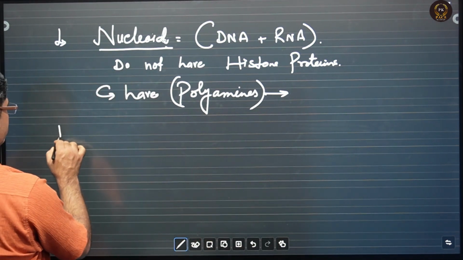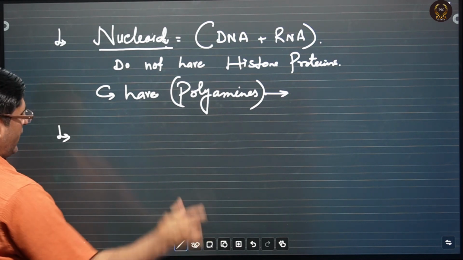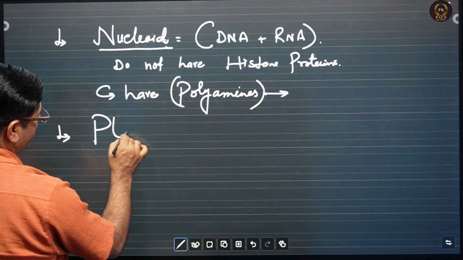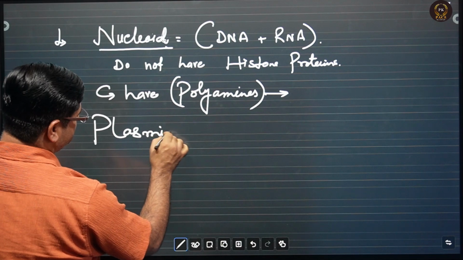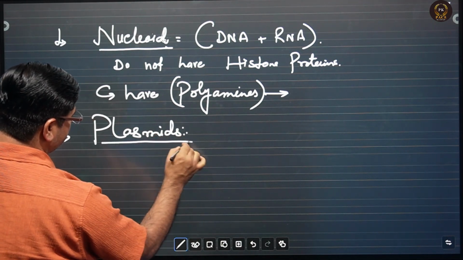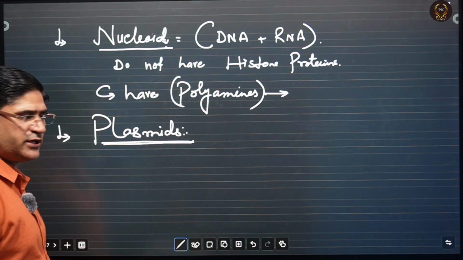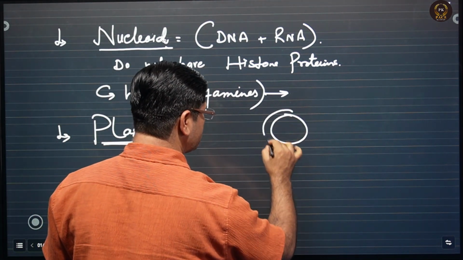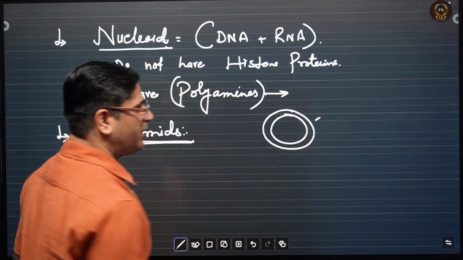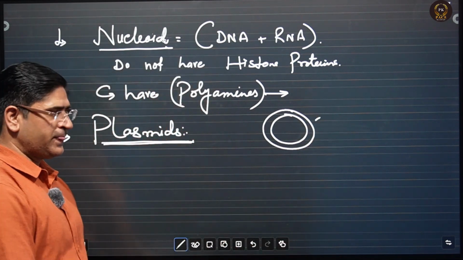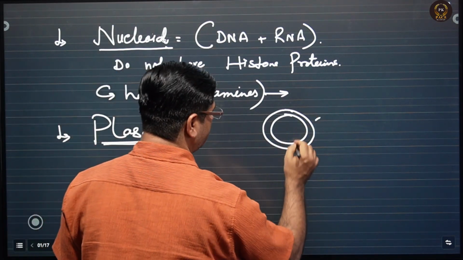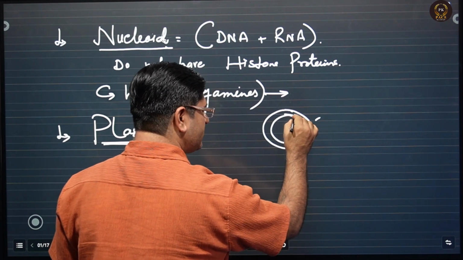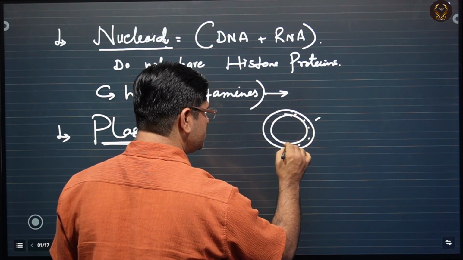Also, in the bacterial cell there are plasmids. As I told you, plasmid DNA is a double stranded circular DNA present apart from their genomic DNA. In this plasmid DNA there are different genes located.